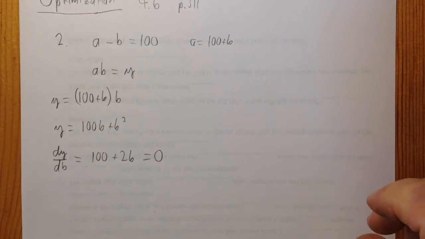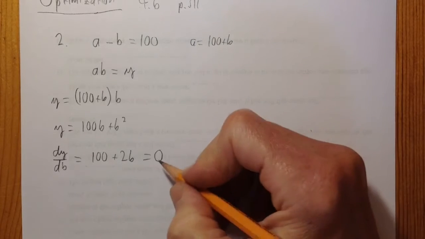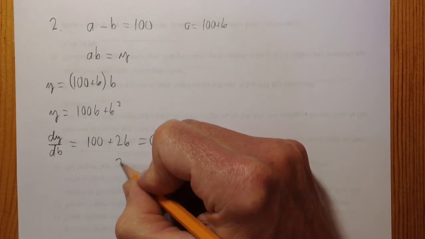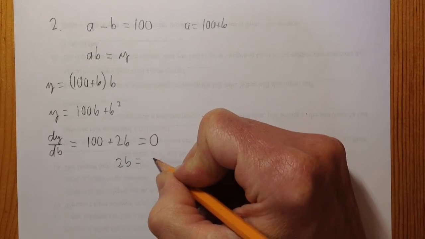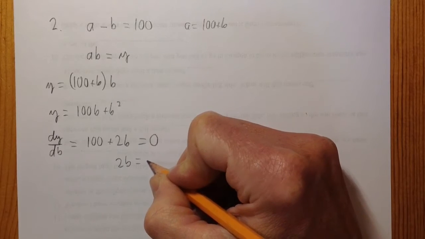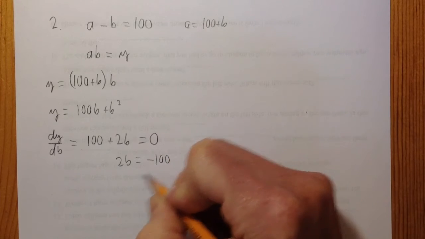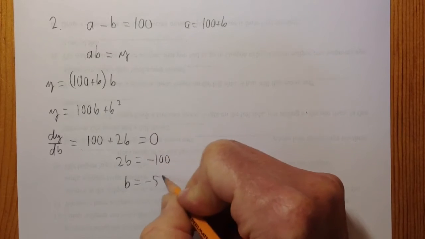And then we can find out what B is. So 2B is equal to negative 100, and therefore B, dividing that by 2, is negative 50.